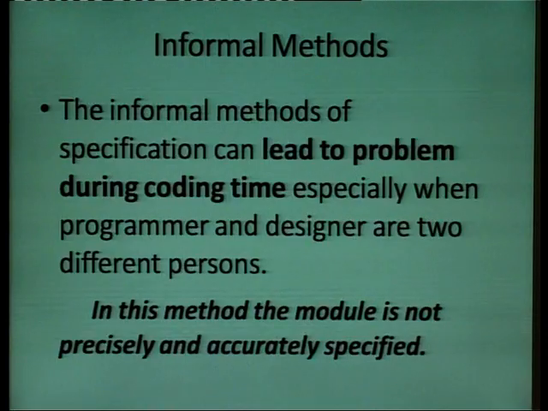In this method, the module is not precisely and accurately specified, right? Because this is the informal method. There are two persons involved in the logical designing, one is the programmer and the second one is the designer. So in this method the module is not precisely and accurately specified.